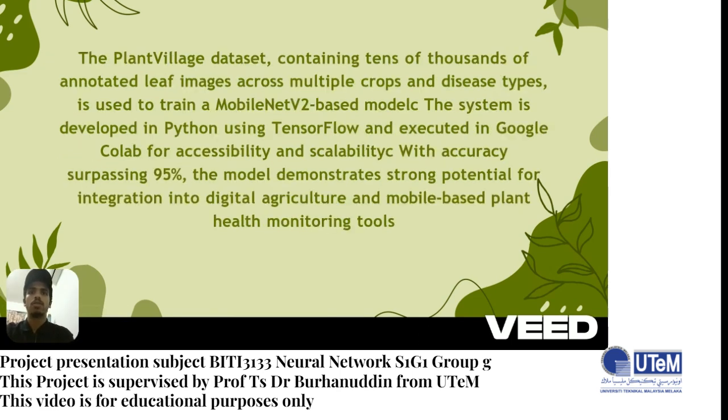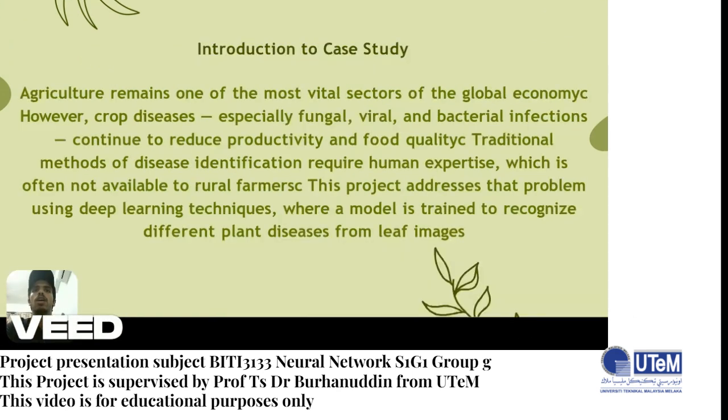Many farmers don't have access to expert. This make it hard to know what is wrong with their crops. Our idea is to use computer model that can look at leaf image and tell if the plant is sick.